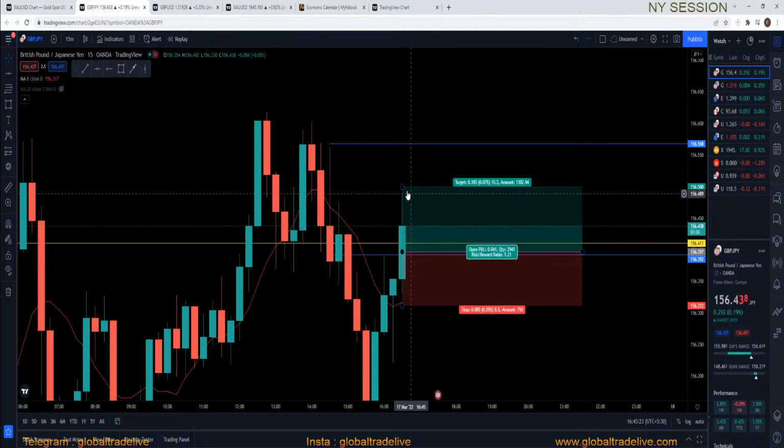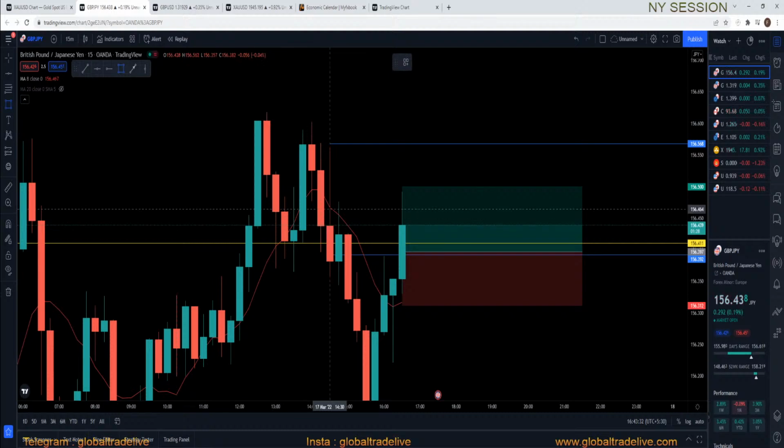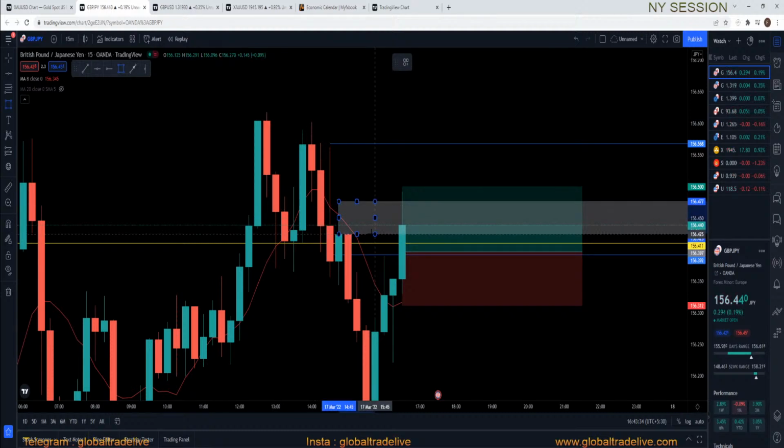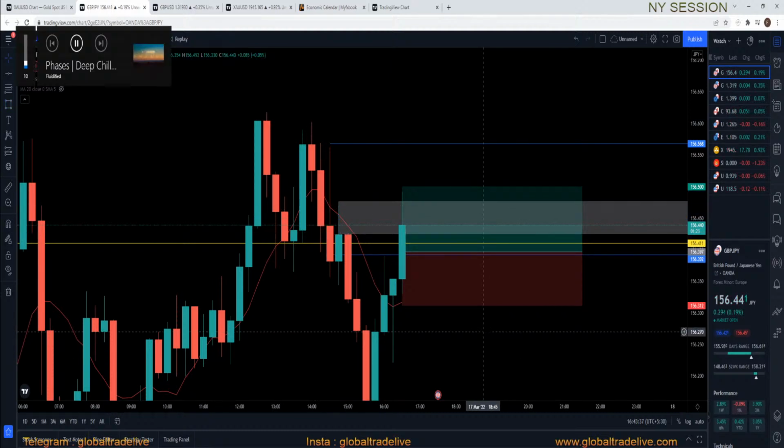But if it just rejects this area and comes to break even, that means there is a huge rejection coming up in the market, and this rejection zone can play a very, very important role in that rejection thing.